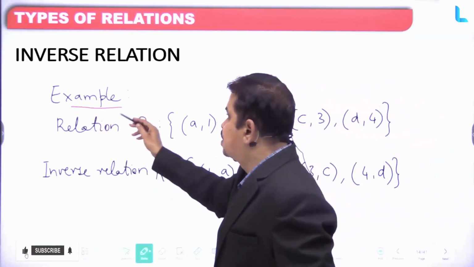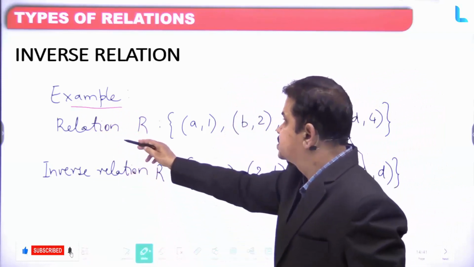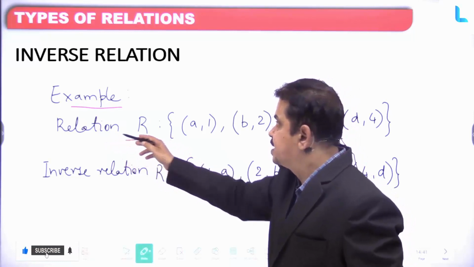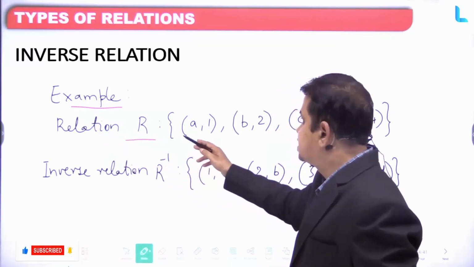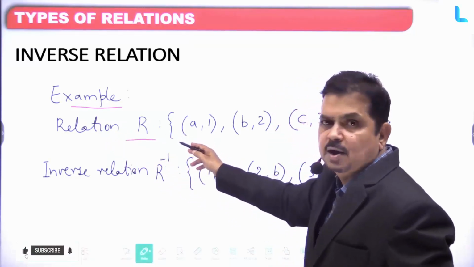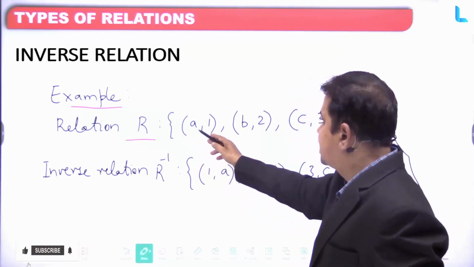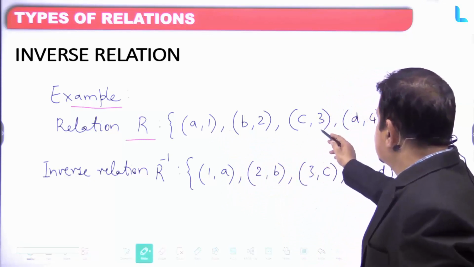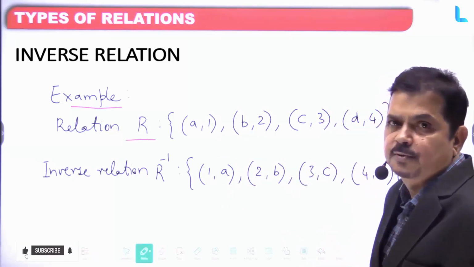Let us consider one more example, a relation R containing the ordered pairs (a, 1), (b, 2), (c, 3) and (d, 4).